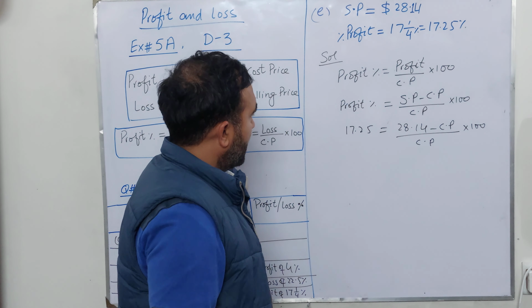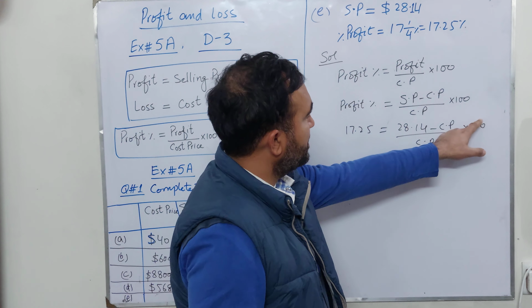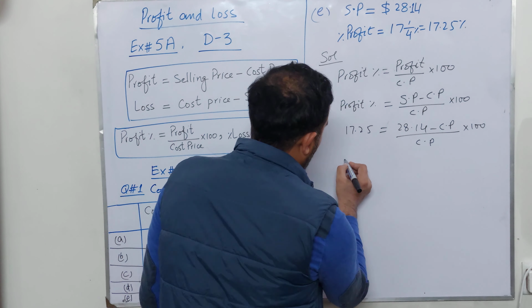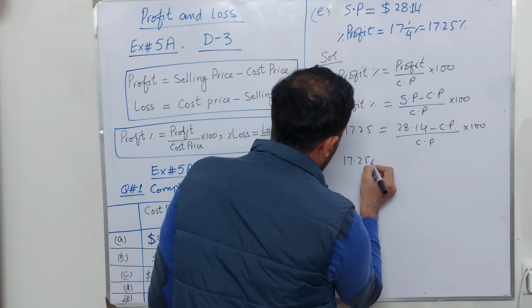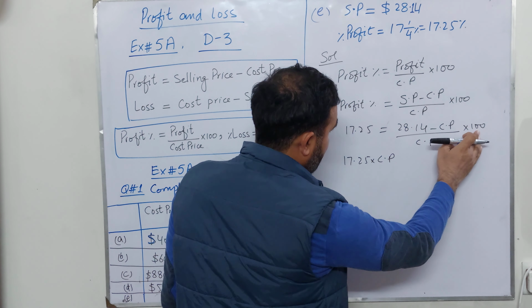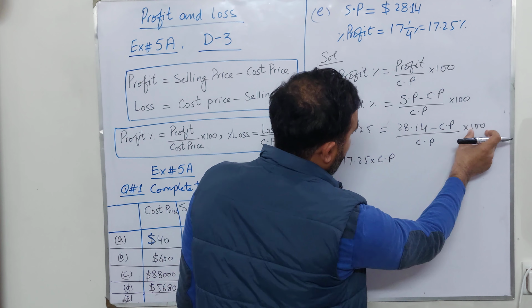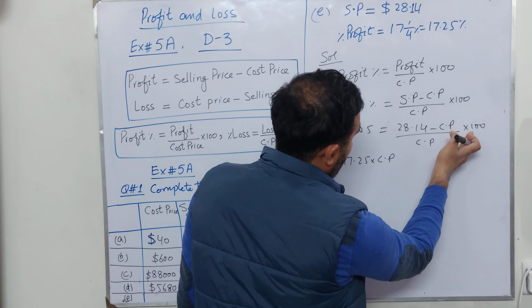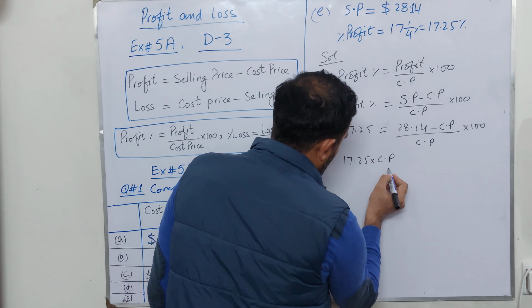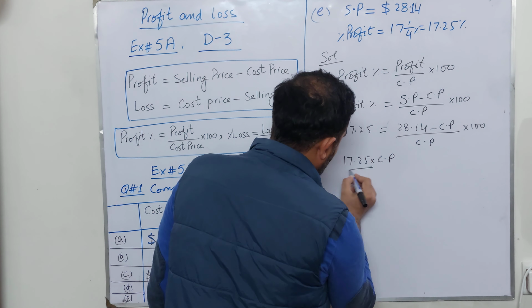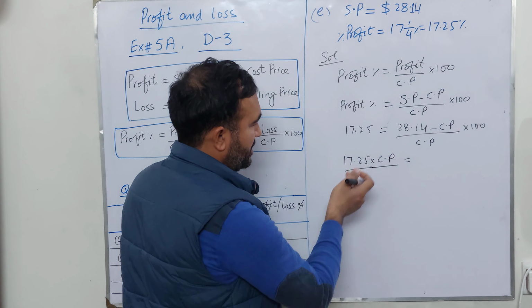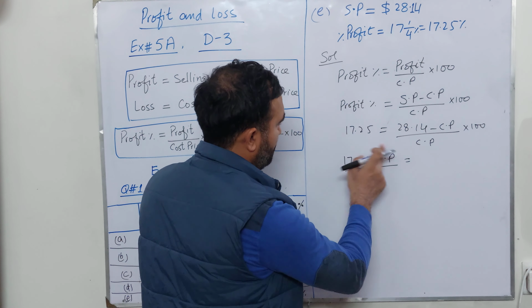Okay, so either we have to multiply this 100 with these two terms, because this is a multiplication, it will be multiplied with both the terms, or we can shift this 100 over here on this side. So it will be divided by 100, or you can draw the full line, it doesn't matter because it's already multiplication.